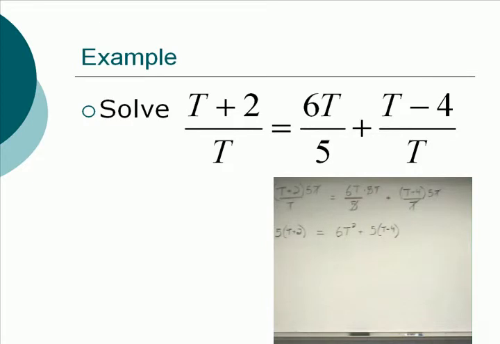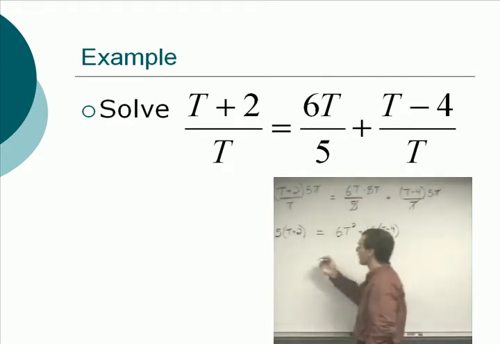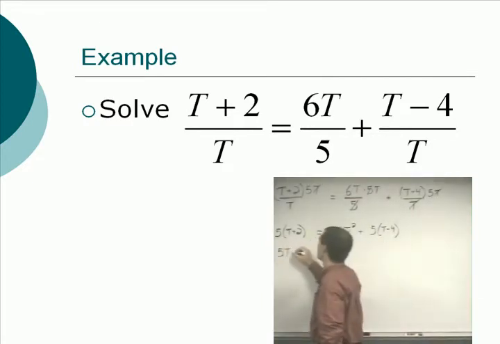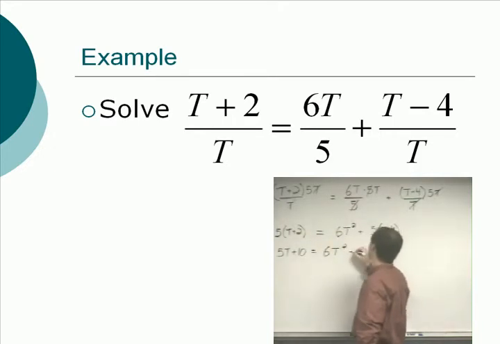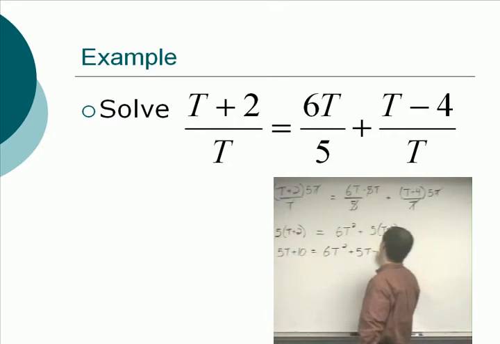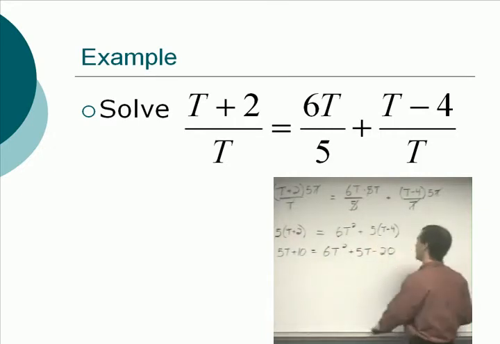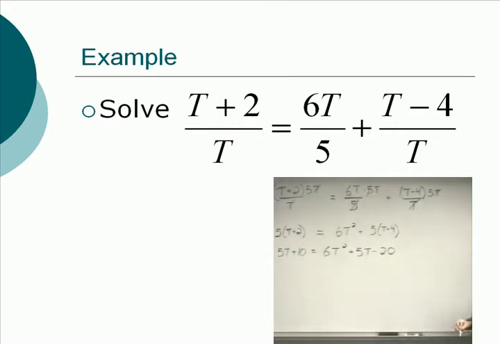All we need to do is solve it. So let's distribute and collect terms. We got 5t plus 10 equals 6t squared plus 5t minus 20. Is it right this time? 5t plus 10 plus 16. Better? Okay.